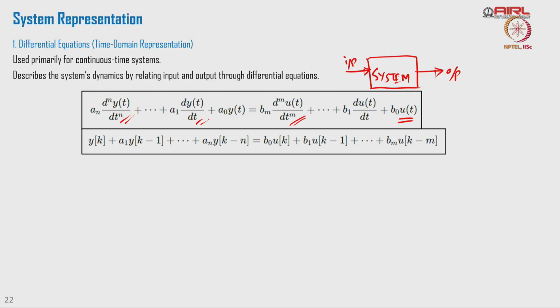It is a representation of the system that if we get input as u(t) and output as y(t), then this is how we represent the system. If it is a discrete system, then the same system can be represented as the second equation.